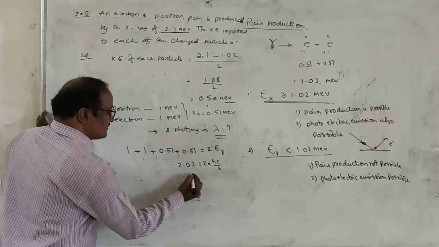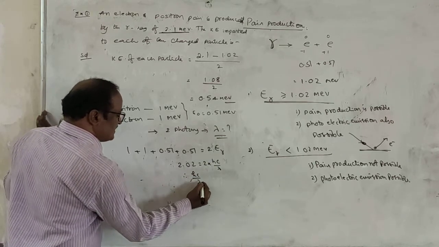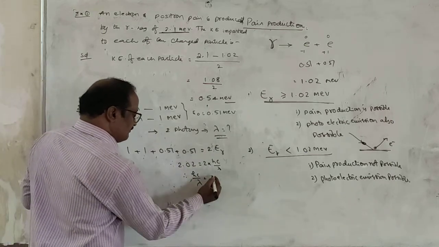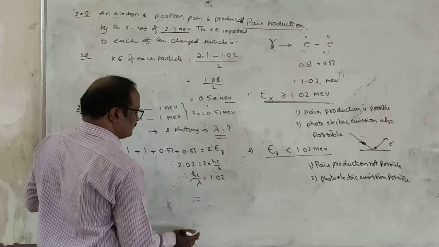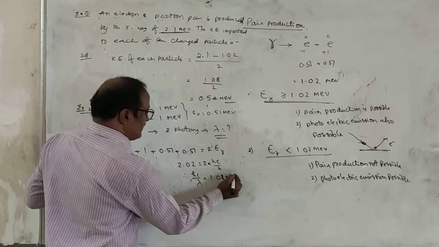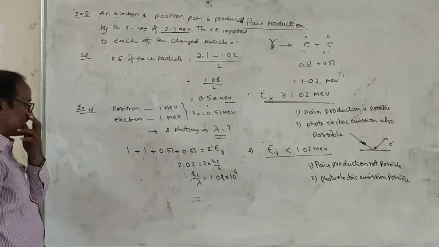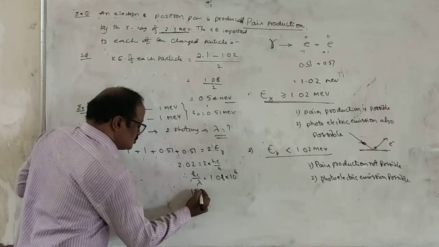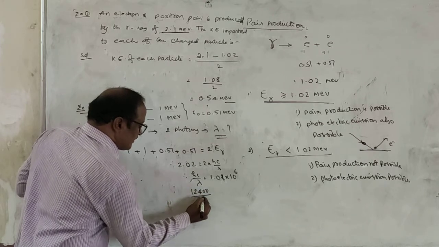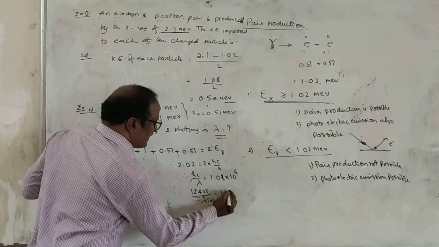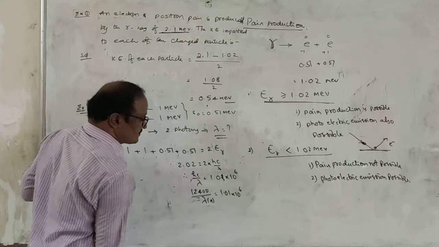Therefore, hc by lambda is equal to 2.02 by 2, which means 1.01 MeV, where mega is 10 to the power 6. Again, hc is equal to 12,400 by lambda angstrom, equal to 1.01 into 10 to the power 6.